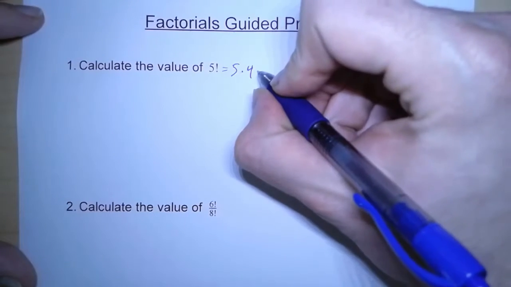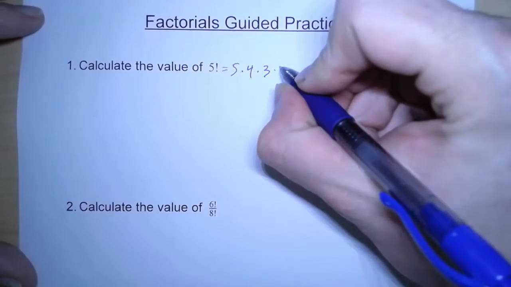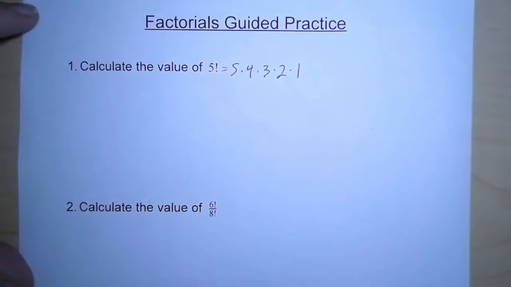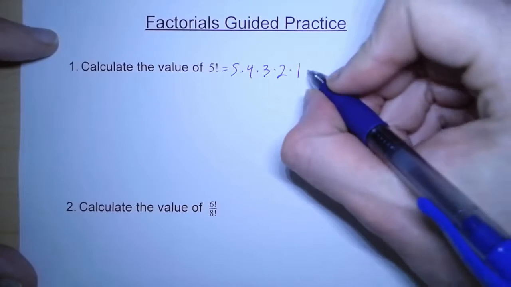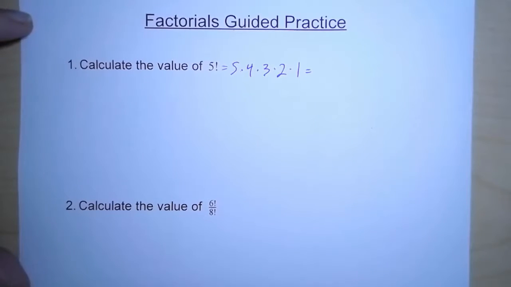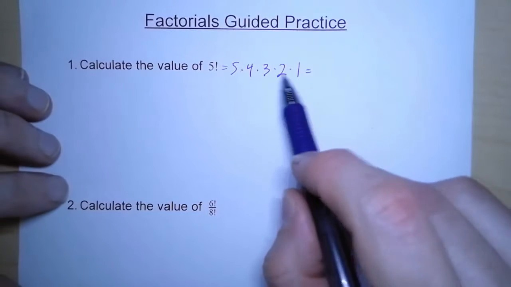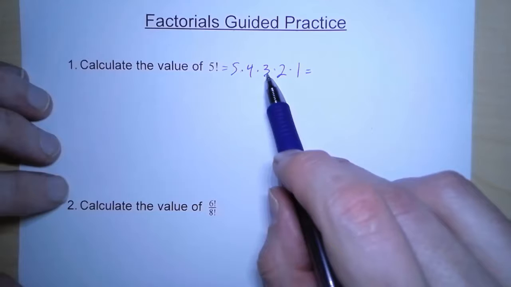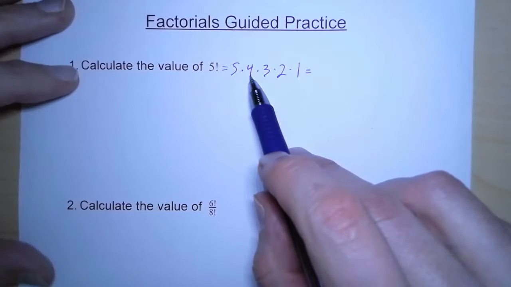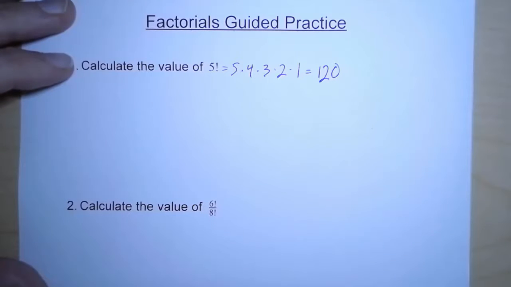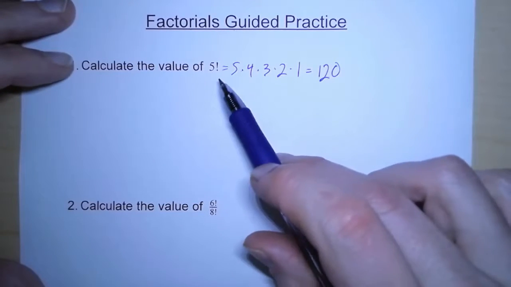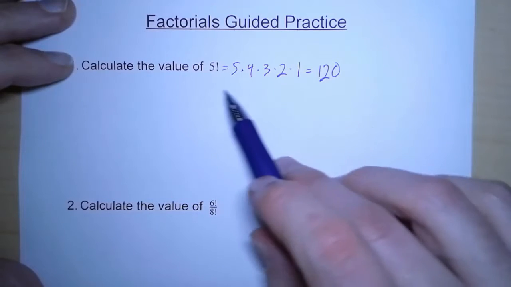And then the third one, we have 3, and then the fourth one, we have 2, and then the last one, there's only 1 left. And so it's 5 times 4 times 3 times 2 times 1. And so 1 times 2 is 2, times 3 is 6, times 4 is 24, times 5 is 120.